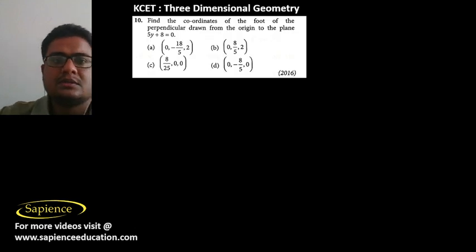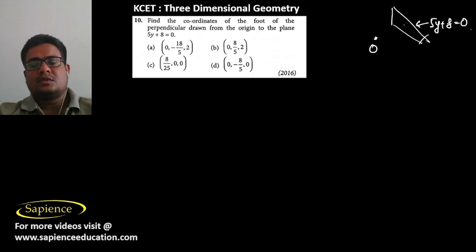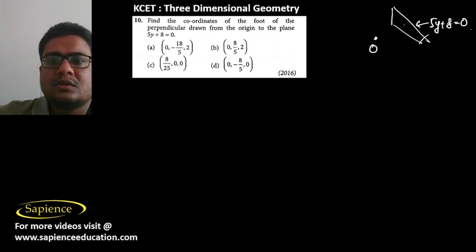Question number 10 is find the coordinates of the foot of the perpendicular drawn from the origin to the plane. Now the plane's equation is 5y plus 8, that is equal to 0. And we have to find the coordinates of the foot of the perpendicular that is drawn from the origin to this plane.